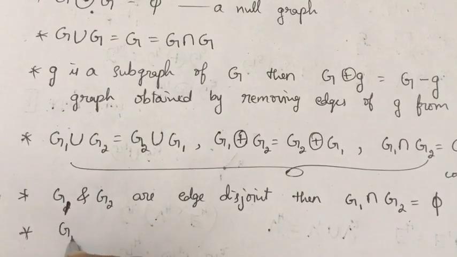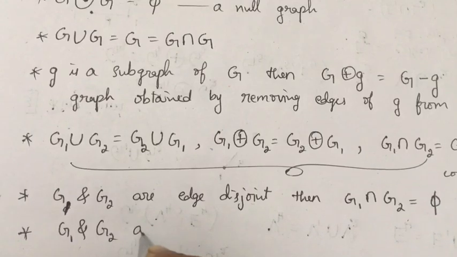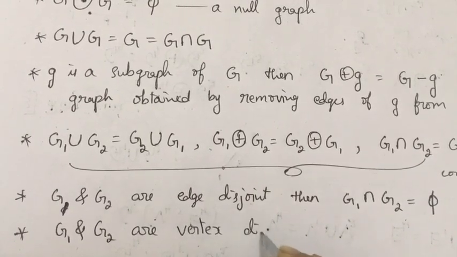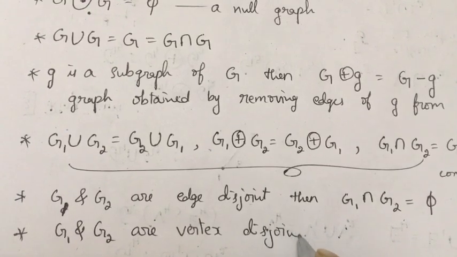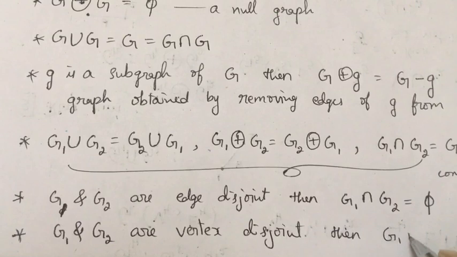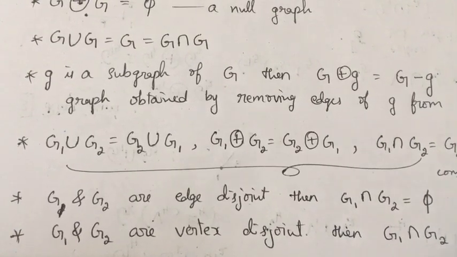If G1 and G2 are vertex disjoint, then G1 intersection G2 will be an empty graph.